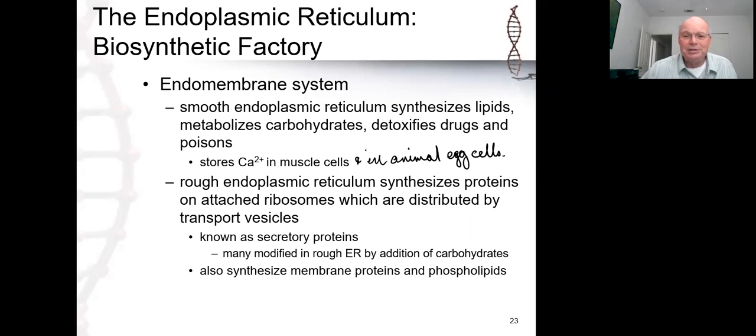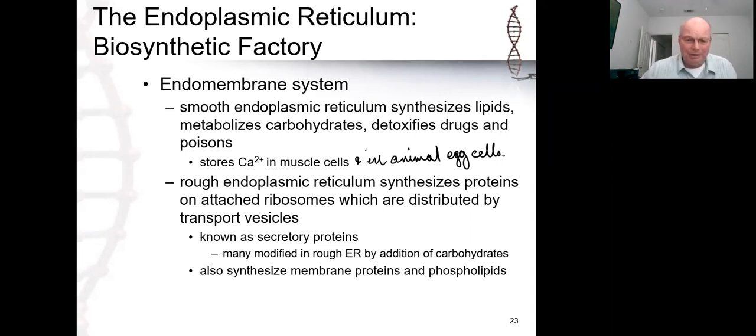Those proteins that need to be in the membranes are going to go into the membranes of the rough endoplasmic reticulum and be incorporated into the membranes of the transport vesicles. Those proteins that need to be in the cytoplasm outside of the membranes are going to be in the internal space of the endoplasmic reticulum, what is often referred to as the lumen. Lumen's just a fancy name for a hollow space.